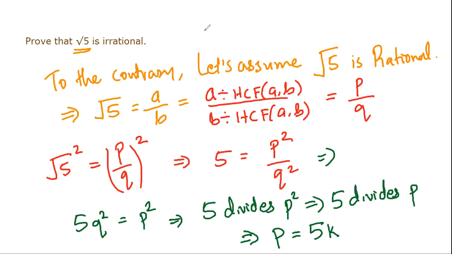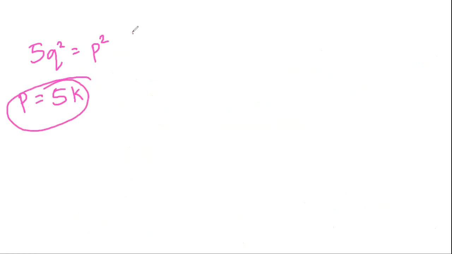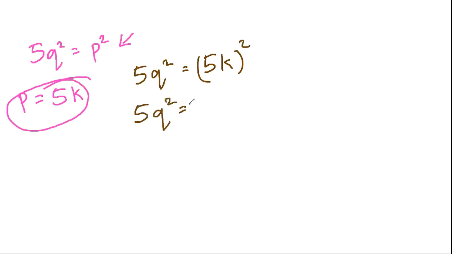We have 5q square is equal to p square, and we got the value of p as 5k. Applying this value of p, I get 5q square is equal to 5k whole square. That means 5q square is equal to 25k square.